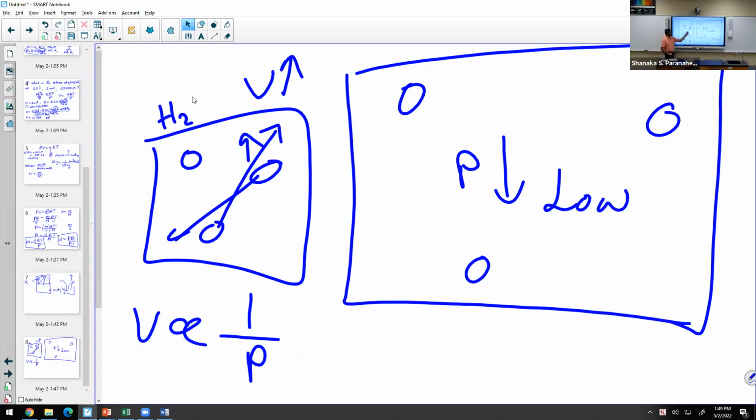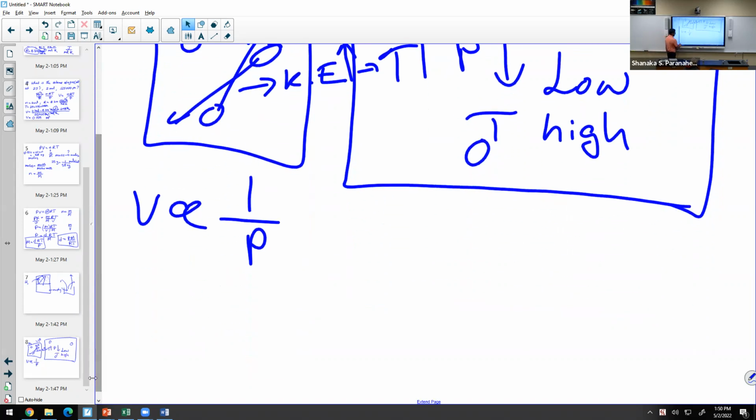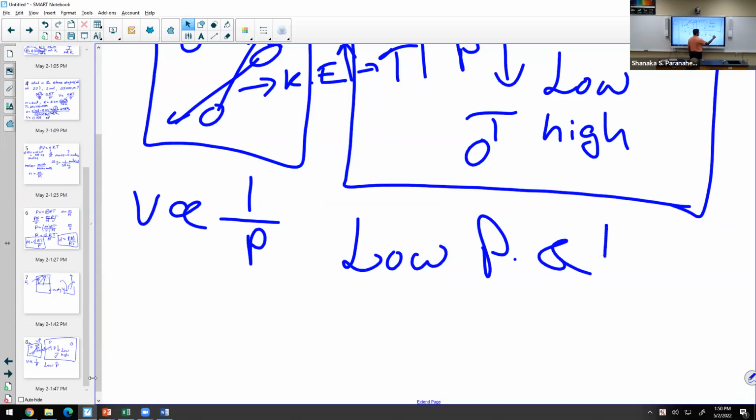Anything in motion has a form of energy, kinetic energy. In order to increase kinetic energy, I need high temperature. So at high temperature, real gases behave like ideal gases. If there's a real gas at low pressure and high temperature, I can use this gas law too. It's close to ideality.